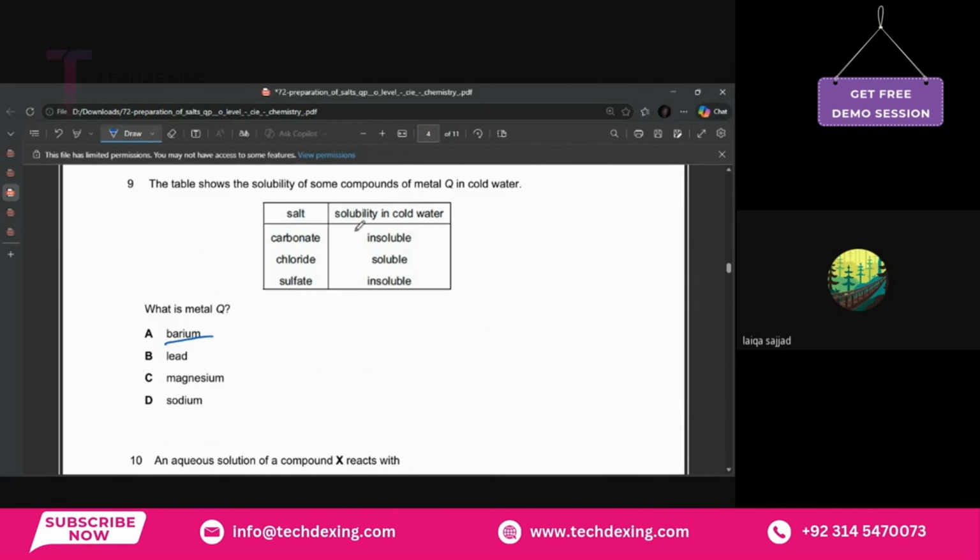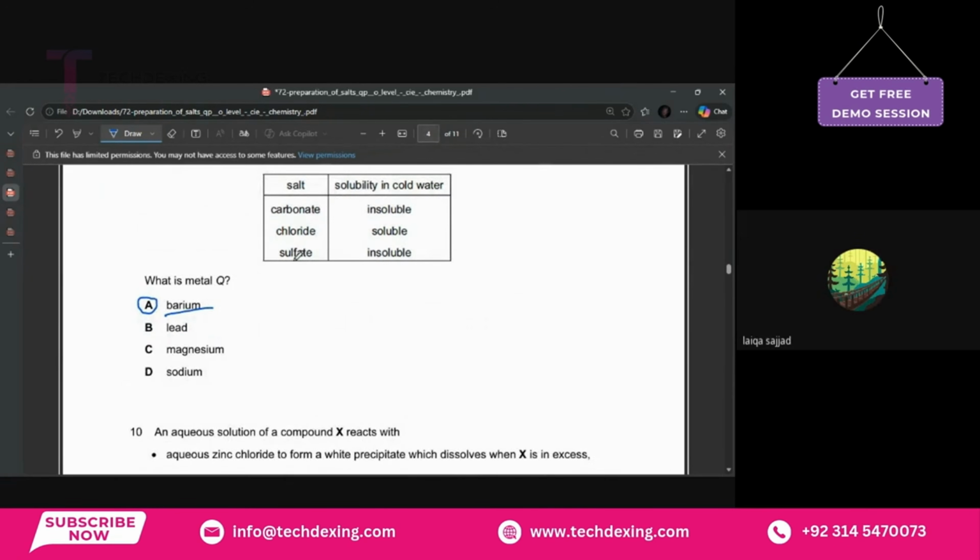Because barium carbonate is insoluble, barium chloride is soluble, and barium sulfate is also insoluble. What about lead? Is lead carbonate insoluble? Lead carbonate is insoluble. Very good. What about lead chloride? It's insoluble. Very good. So it's not correct according to the table.